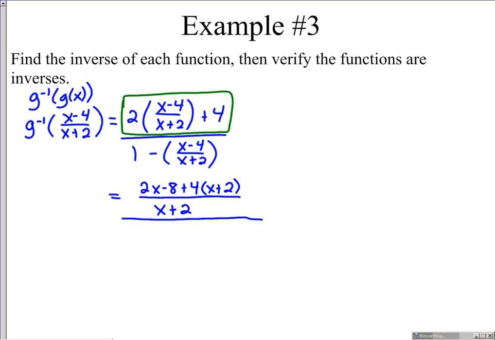Do the same thing now on the bottom. So I'm looking only at this bottom part. Get a common denominator. What's it going to be? x plus 2. So we get x plus 2. Distribute that negative through, minus x plus 4.